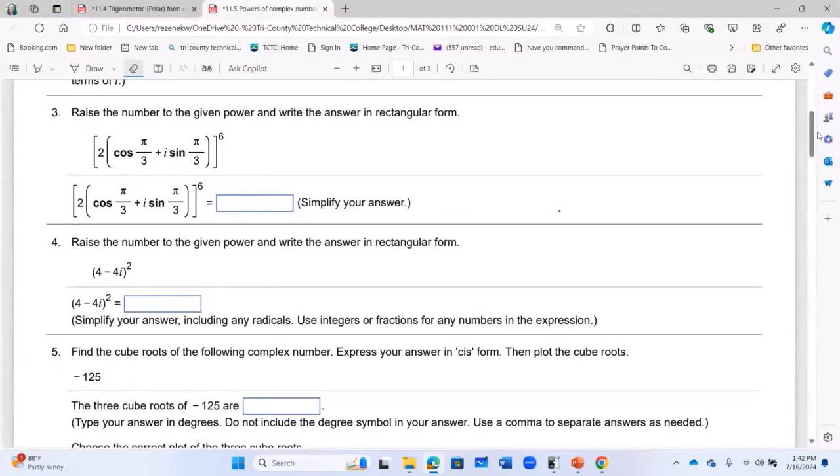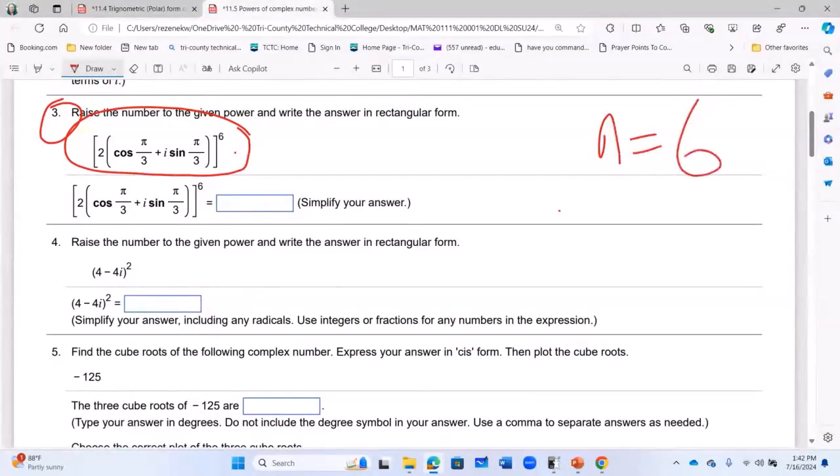All right, so let's go back to this question number 3. Question number 3, we have a complex number in trigonometric form or polar form, and the power n is equal to 6. So I want to apply De Moivre's theorem immediately. That's De Moivre's theorem. It is already in polar form, so no problem.